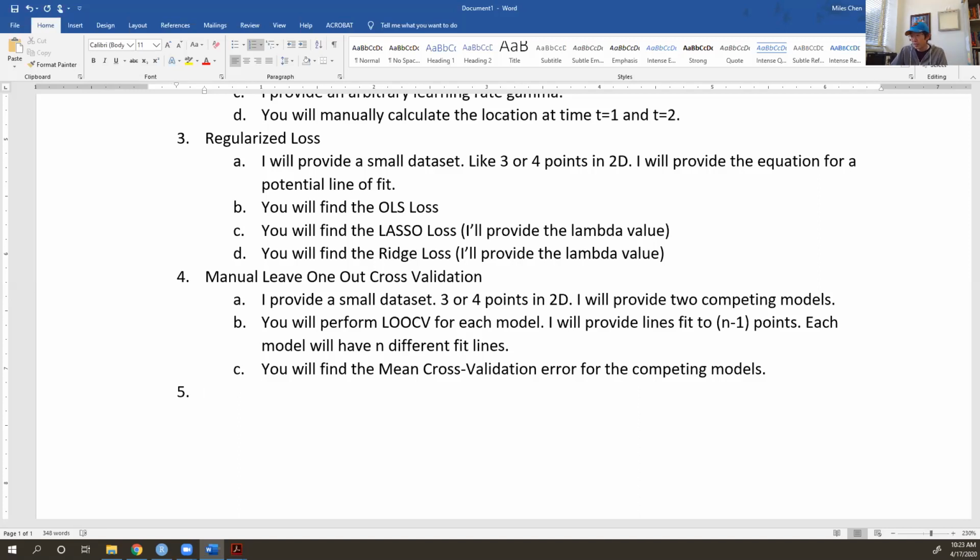And then the last one will be some conceptual questions, covering material from lecture.